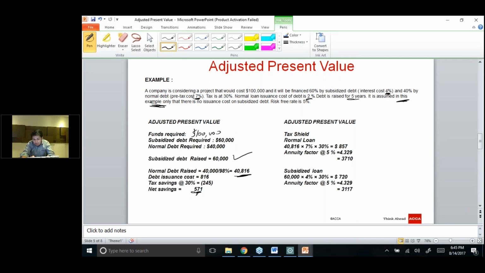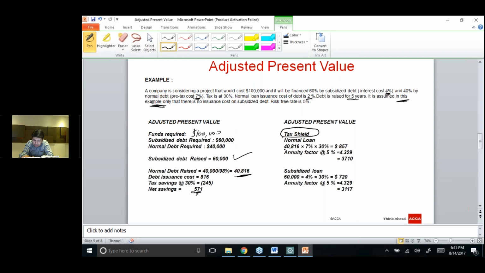Okay. Now the next step is to calculate tax shield. Now we have two types of loan: the normal loan and the subsidized loan. And in both types of loan, we are paying interest. So if we are paying interest on both types of loan, that means we will save tax on both types of interest. So in normal loan the amount is 40,816 and we are paying 7% interest on it, and we will be saving 30% tax on it.